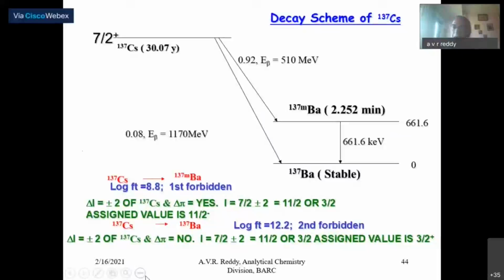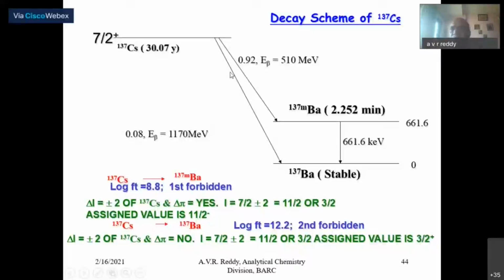Measurements say that for the ground state to ground state transition of the daughter product, there are two beta decay groups. Remember that beta decay, like alpha decay, can have fine structure. There can be more than one set of beta particles, right? That is fine structure.